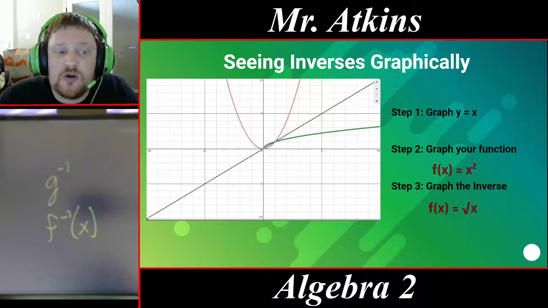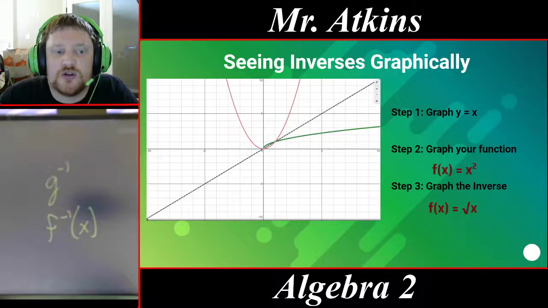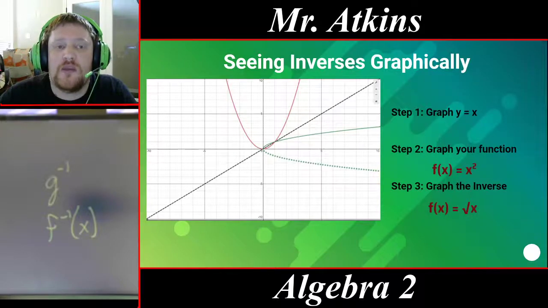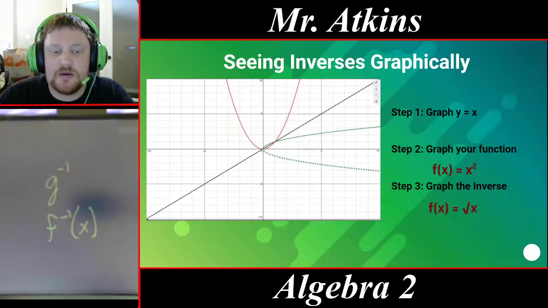Do remember, though, with the square root function, that bottom half doesn't exist. The bottom half does not exist. So you have to restrict the domain of your quadratic to have a function for the inverse. We talked about that in the previous homework assignment.